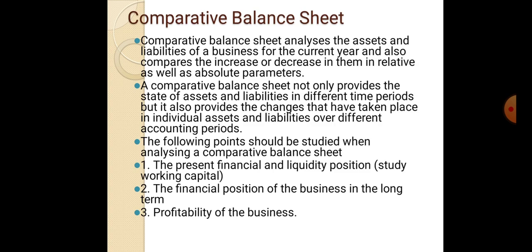A comparative balance sheet analyzes the assets and liabilities of a business for the current year and also compares the increase or decrease in them in relative as well as absolute parameters. It not only provides the state of assets and liabilities in different time periods, but it also provides the changes that have taken place in individual assets and liabilities over different accounting periods.